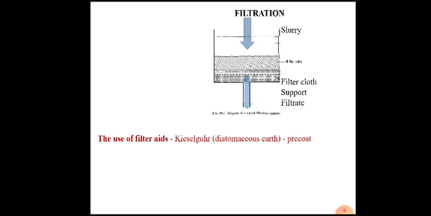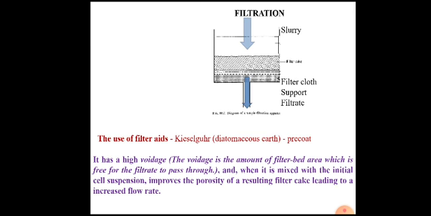It can also be done by mixing the fermentation broth with diatomaceous earth so that the solids like cells are trapped in it, which can be further filtered to form a moderately clear filtrate, and then that filtrate can be passed through the filter cloth. This is how the rate of filtration can be improved with the use of this filter aid, called Kieselguhr, which is a preparation containing diatomaceous earth. I hope you remember what diatomaceous earth is.